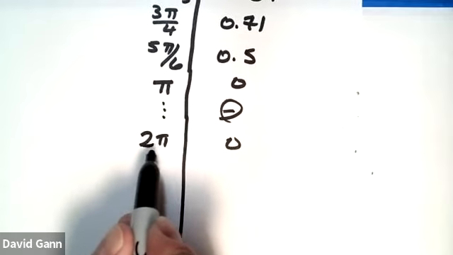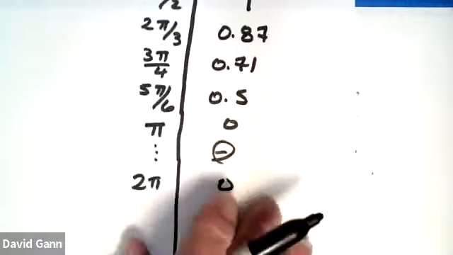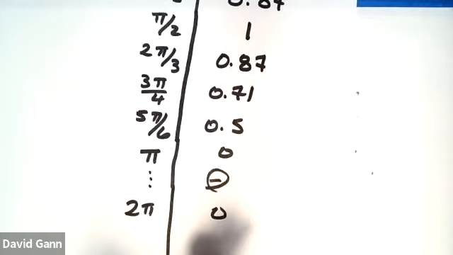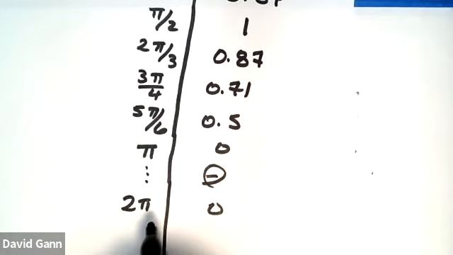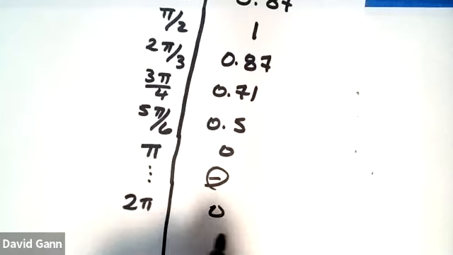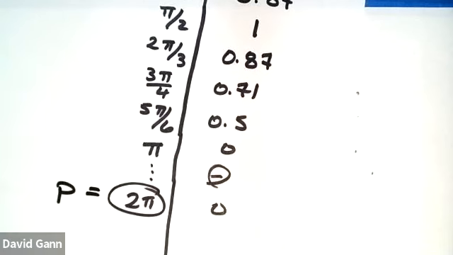So notice, once we get to 2 pi, the whole cycle repeats itself, right? And it just does that over and over and over again. This is the whole idea of a coterminal angle. So just from this sort of inspection, we can basically make the statement that this is equal to p for the function sine, right?